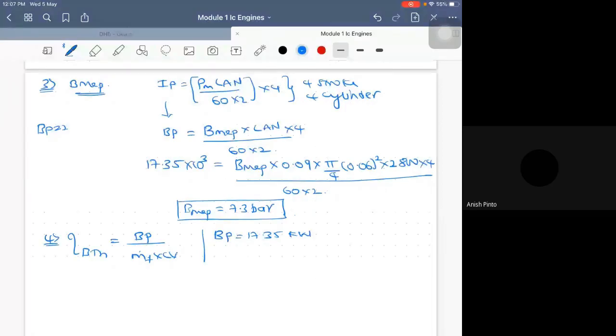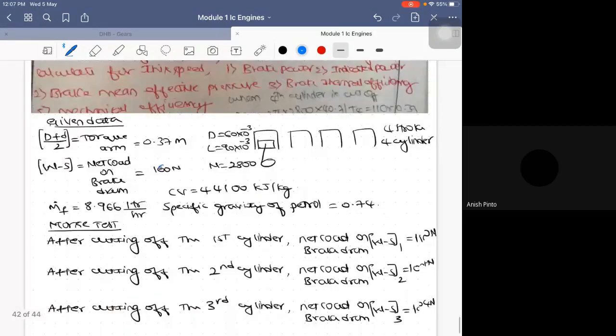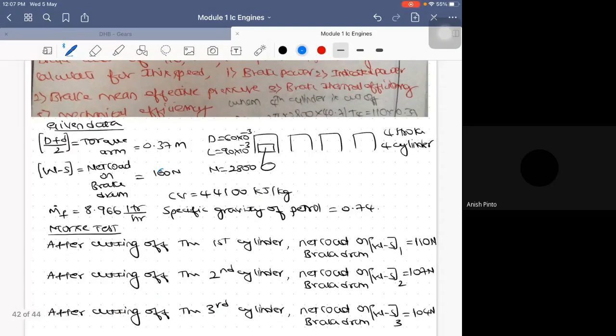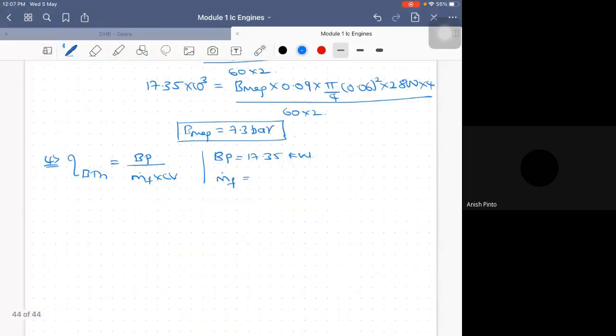Now, what MF has he given? 8.966 liters per hour. Okay, so it is an absurd unit.